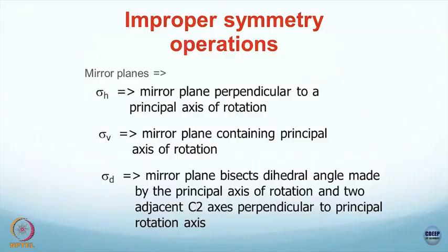As he said already, these notations are important only when you have a principal axis of symmetry, otherwise you just call it a mirror plane, sigma. There are also additional mirror planes which are called diagonal mirror planes.